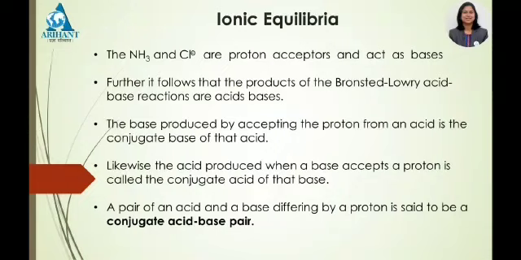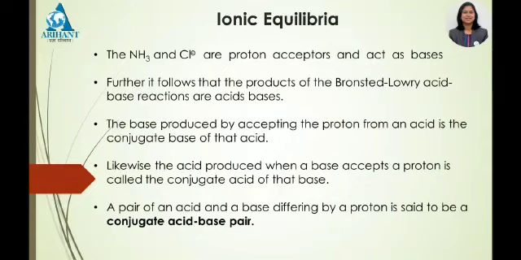So acid is what? It gives a proton, right? It has a proton, it is going to give away the proton, and the other should accept the proton and will become base. So the base produced by accepting the proton given by an acid is the conjugate base of that acid. Similarly, the acid produced when a base accepts a proton is called conjugate acid of that base.